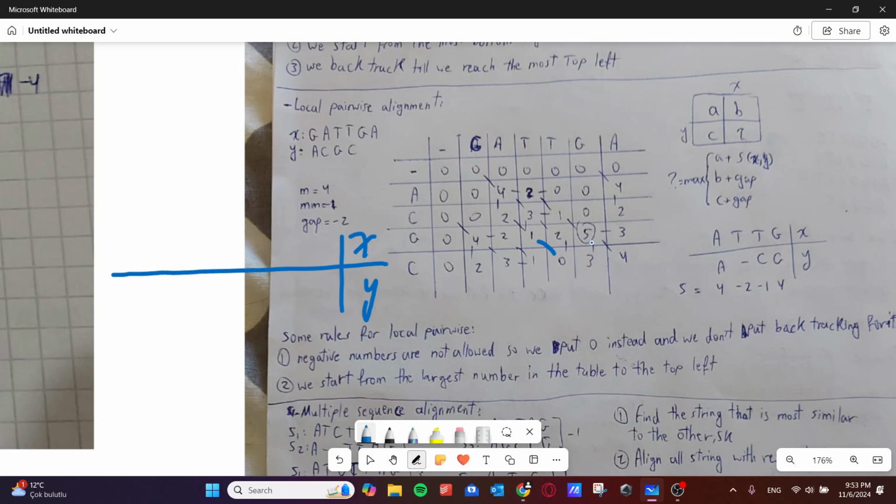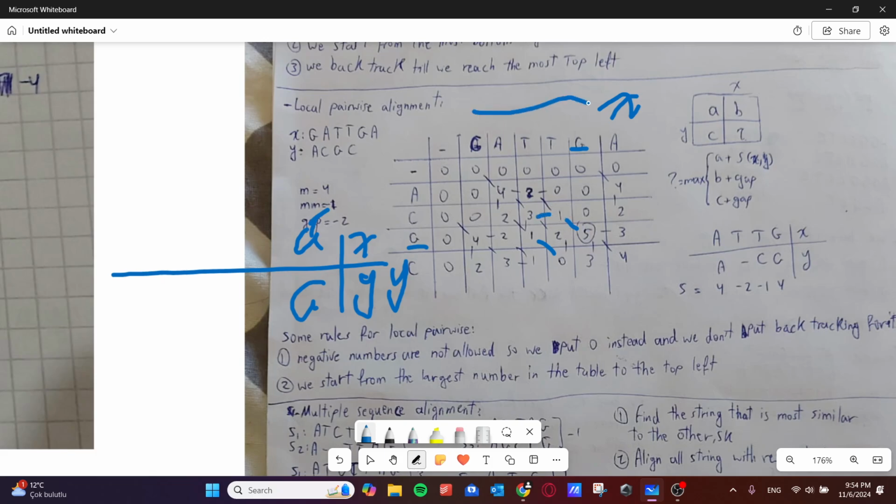Let's go, guys. We start with the diagonal because it's the only option here to go to the top left. Diagonal, I take G from the x's, always x and y. The top is x and the left is y. So G, G. Then let's take the horizontal.